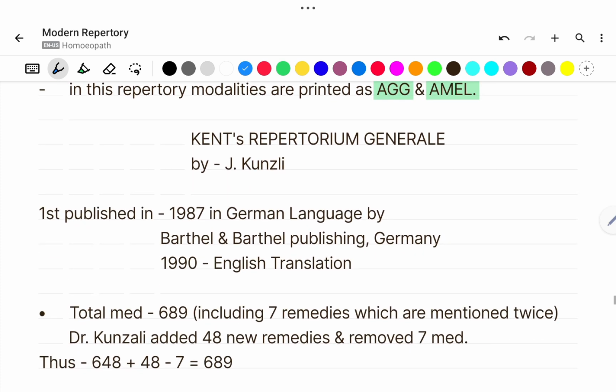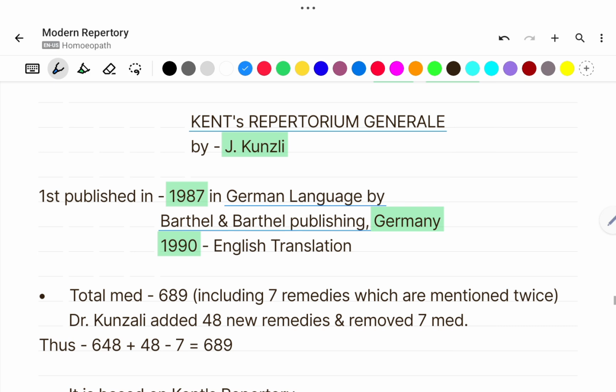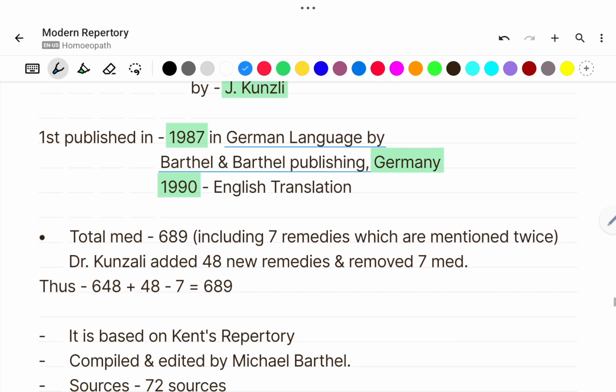Now we will see our next repertory, that is Kent's Repertorium Generale by Dr. J. Kunjli. It was first published in the year 1987 in German language by Barthel Publishing, Germany, and its English translation came in the year 1990.